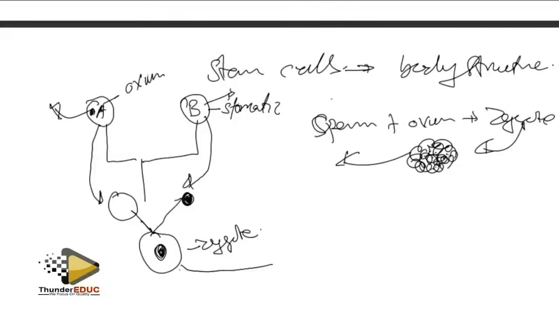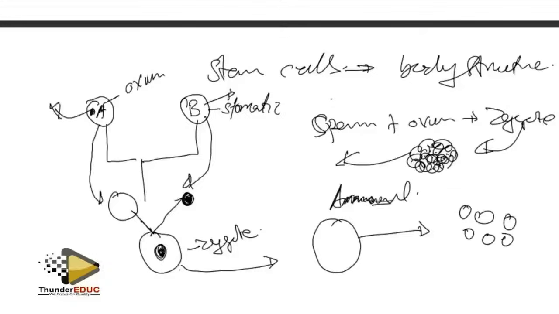Now, this zygote, I put it into another animal, a foster mother. And then I produce a lot of these animals, and these animals are identical.